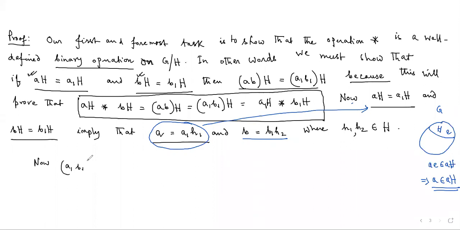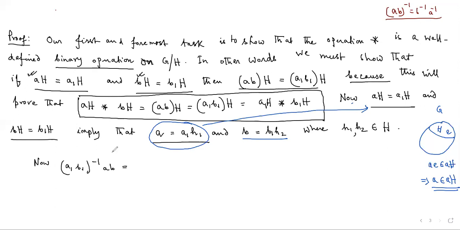Now, A1B1 inverse AB. A very important result. I don't know whether you have solved any exercise from the book or not. An important result was there. You can find it in the book in the first chapter of group theory, that AB inverse is equal to B inverse A inverse. I can't recall whether I discussed it in the class or not. So I'm going to use this result.